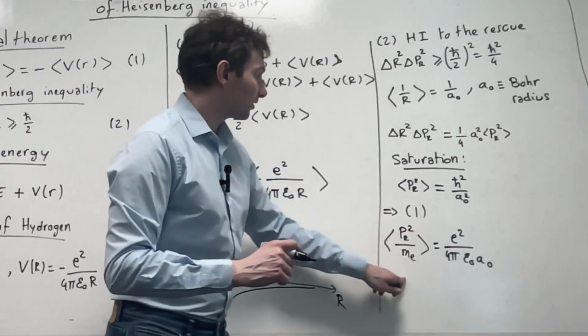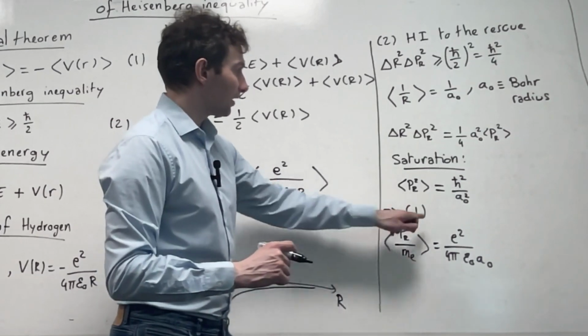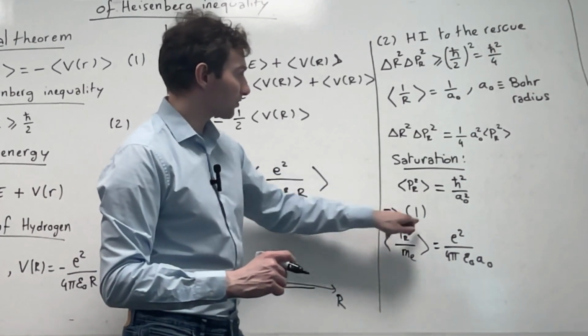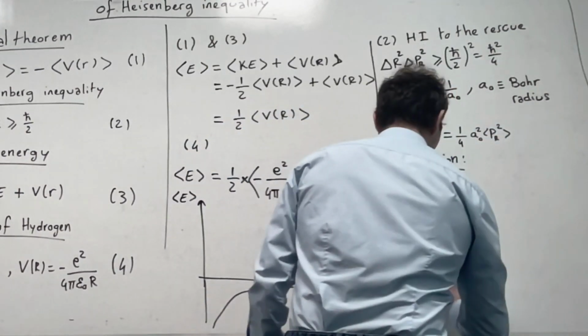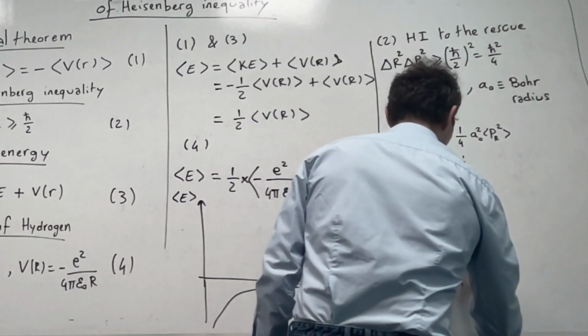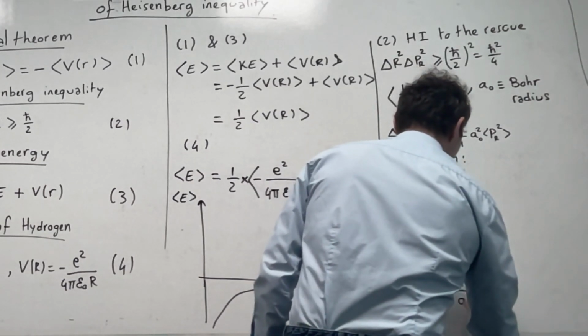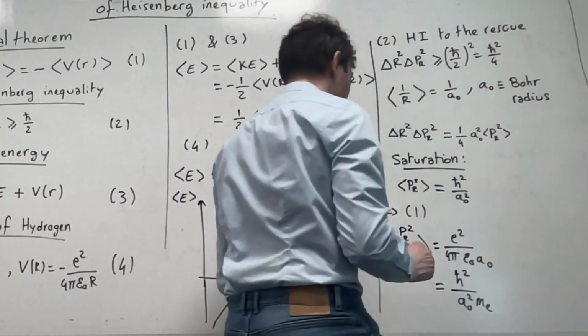So that's by using equation 1. Now I can substitute this expectation value by this one here. So this equation is also ħ²/(a₀² m_e).